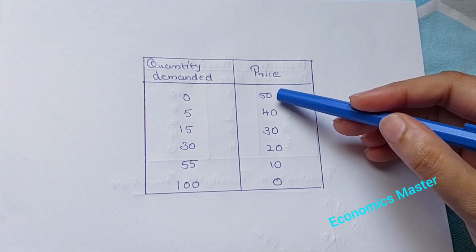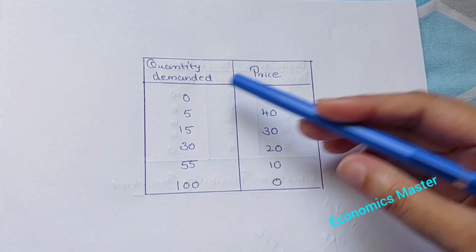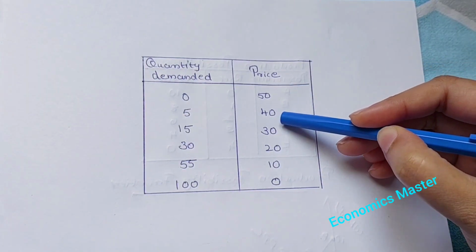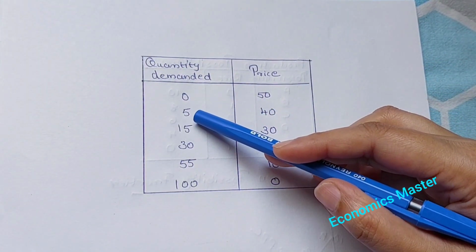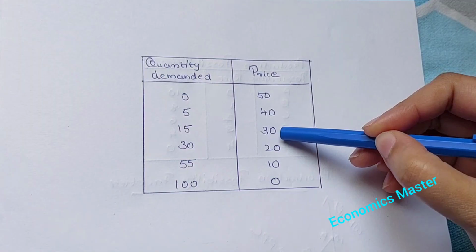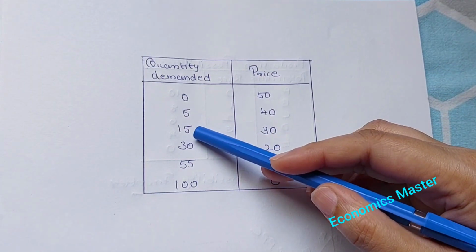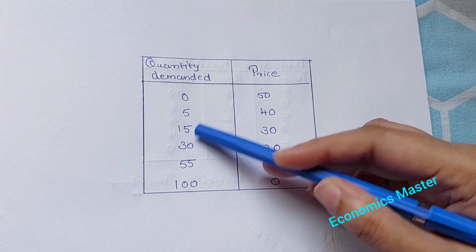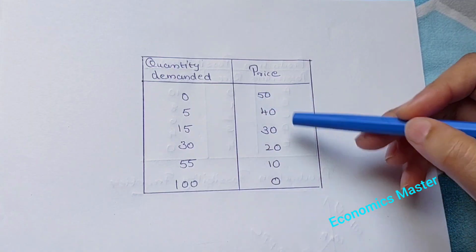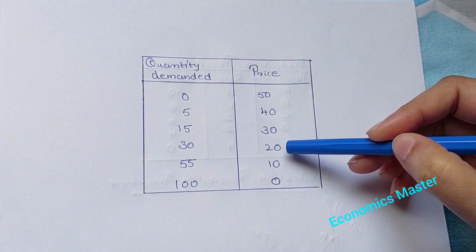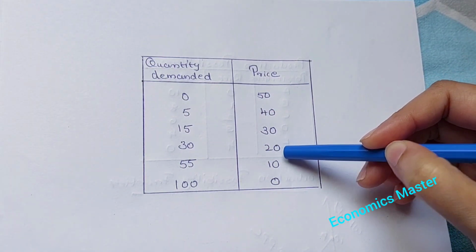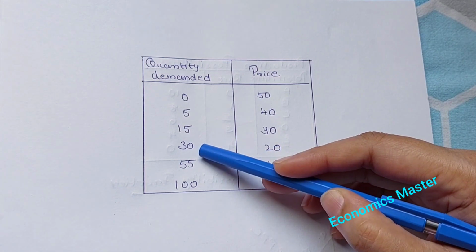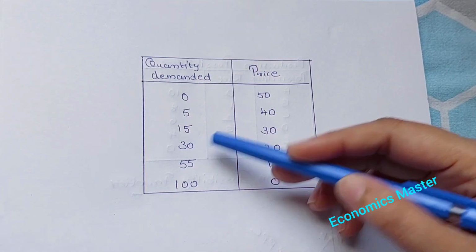Here the price is 50, nobody demands it. And the price is 40, the quantity demanded is 5. The price is 30, quantity demanded increases from 5 to 15. Then price is 20, the quantity demanded again increases.